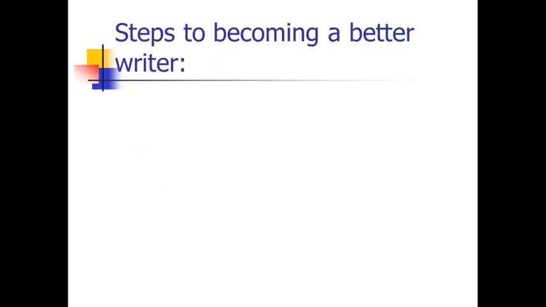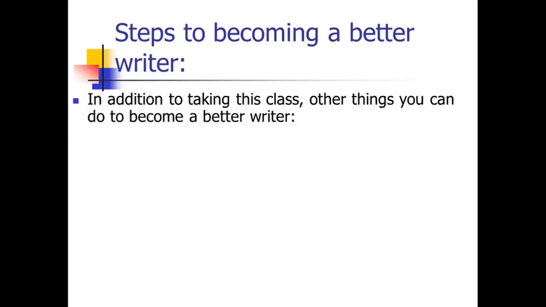So here's some things you can do to help improve your writing. Besides taking this course, here's a few things to do. Reading is a really good way to learn to be a better writer. And read sources of professional good writing like magazines, novels, nonfiction books, not necessarily the scientific literature.